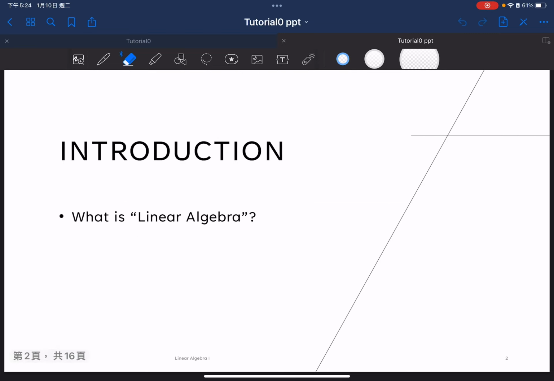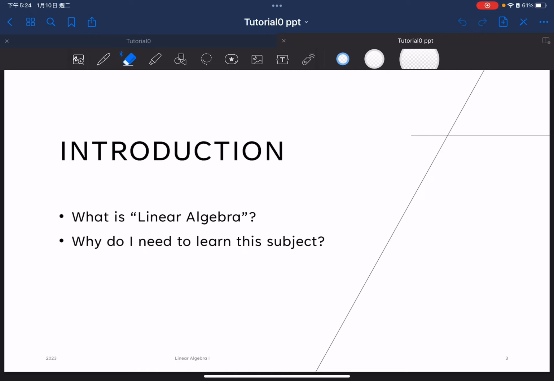First of all, I would like to cover what linear algebra is. The words "linear algebra" don't tell you anything else, except those two words, so I would like to describe it a bit. Second, why do we need to learn this subject?